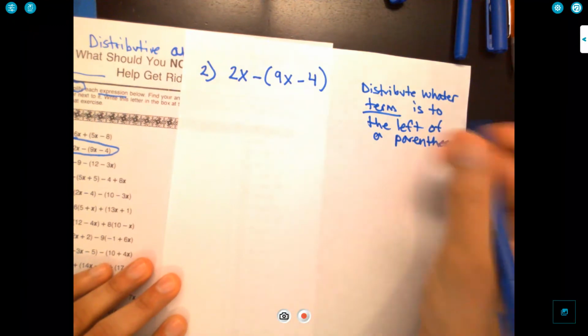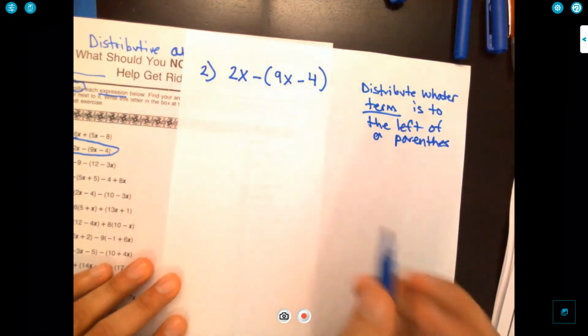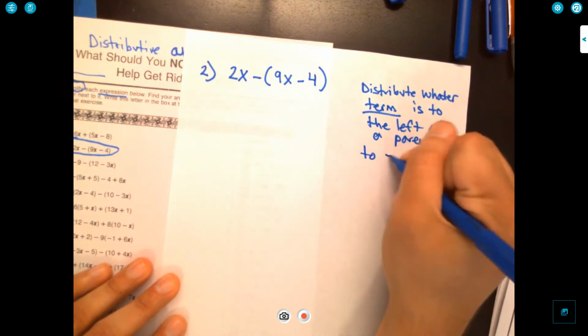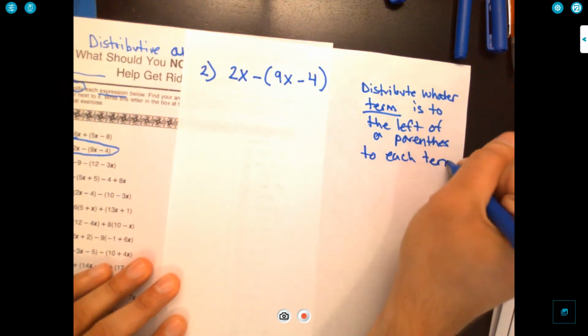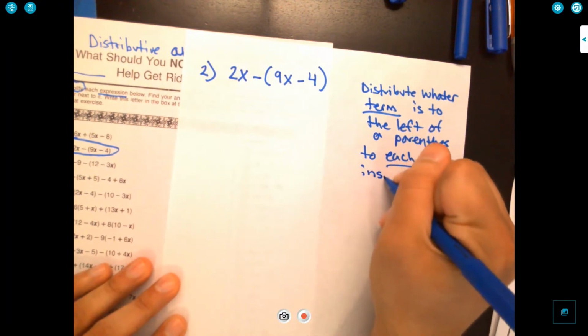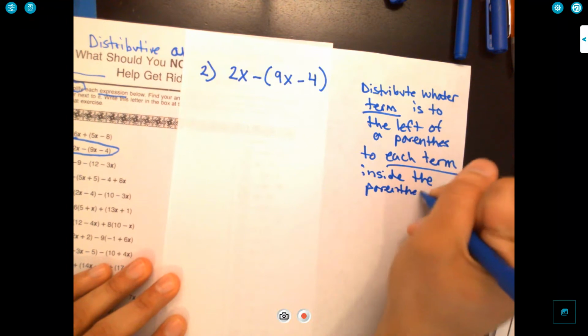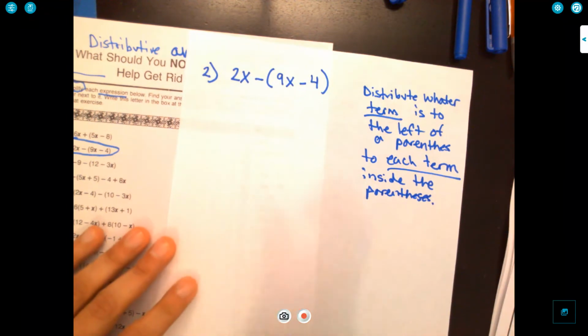And that term you distribute to each term inside the parentheses.